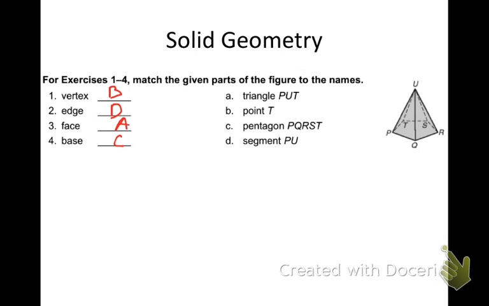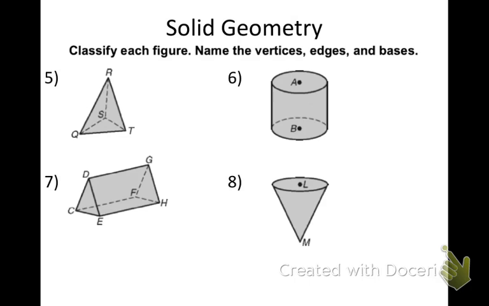As I look at these first 5, I want to classify each figure. It says name the vertices, edges, and bases. Don't worry about that. We're just going to classify them, just get a feel for it. So number 5, what type of shape would that be, Noah? Pyramid. What type of pyramid, sir? That is a triangular pyramid. What about number 6?